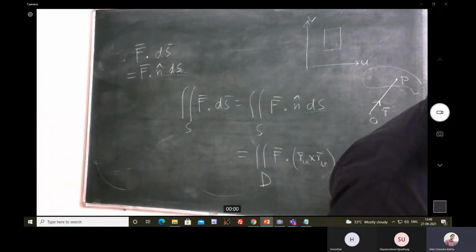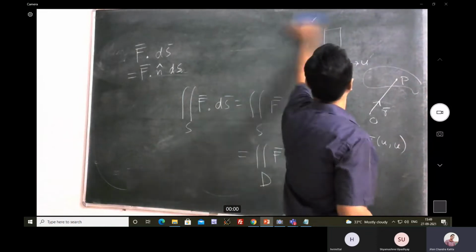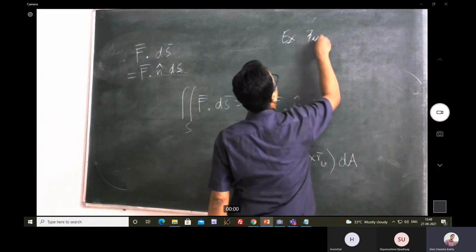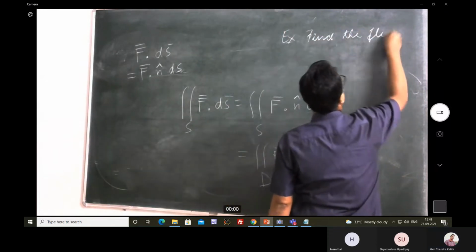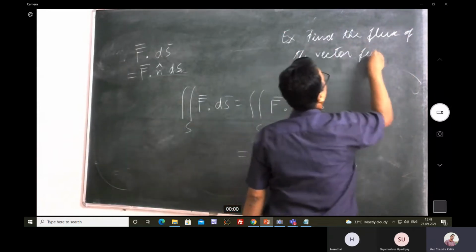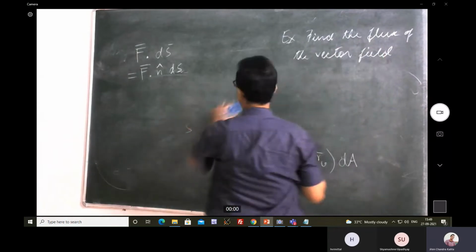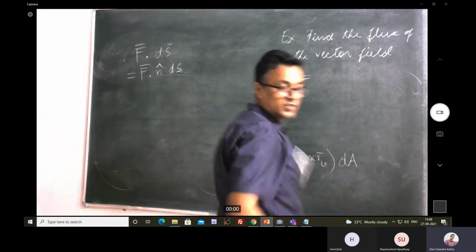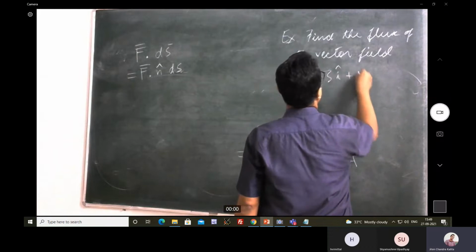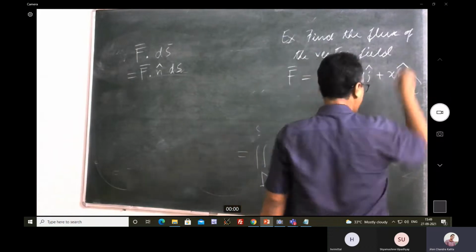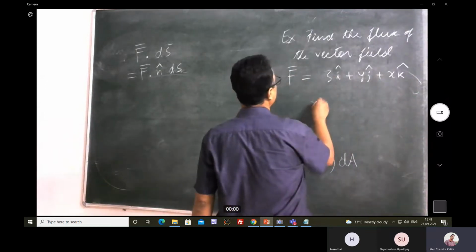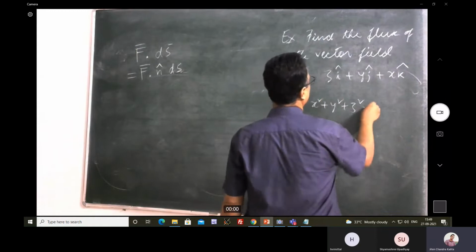Find the flux of the vector field F, given by zi plus yj plus xk, across the unit sphere x squared plus y squared plus z squared equal to 1.